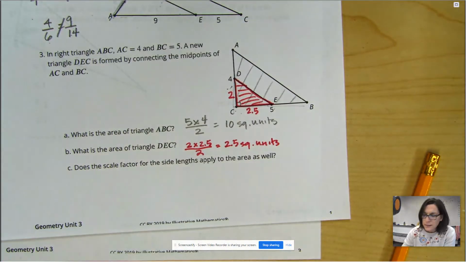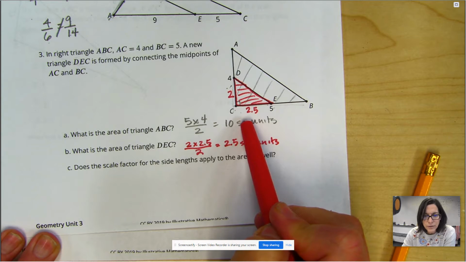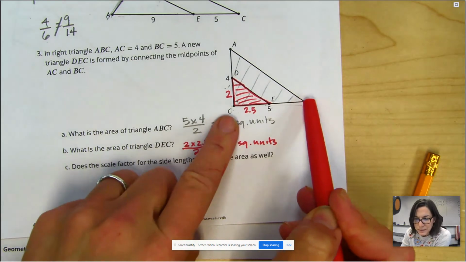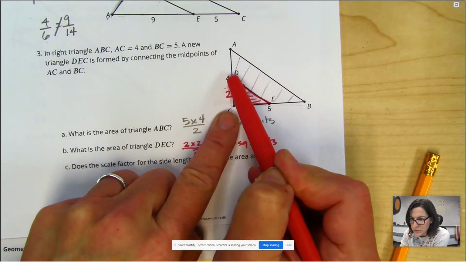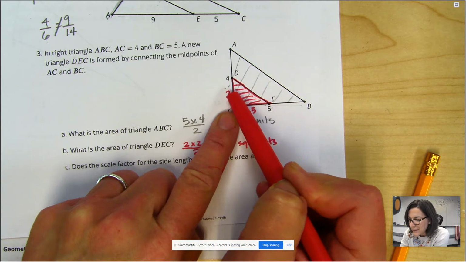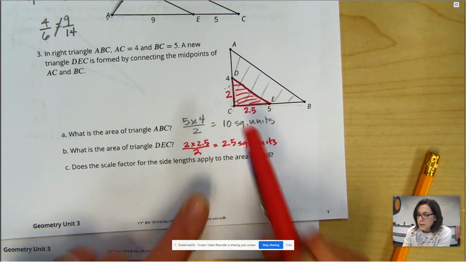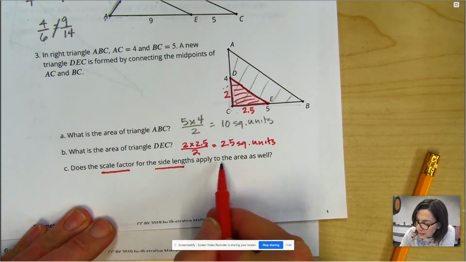And they're asking, is this half of this? Does the scale factor apply to area? And actually it doesn't, because it applies to the side lengths. Since we took half of this side length and half of this, and then we multiplied a half times a half, this became 1/4 of this. So does the scale factor for the side lengths apply to the area?